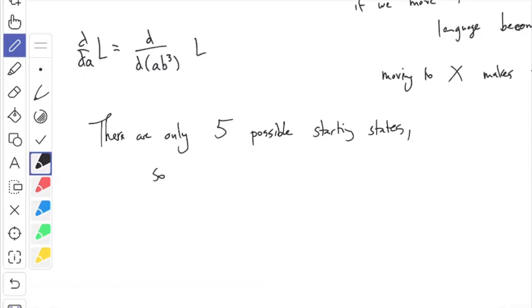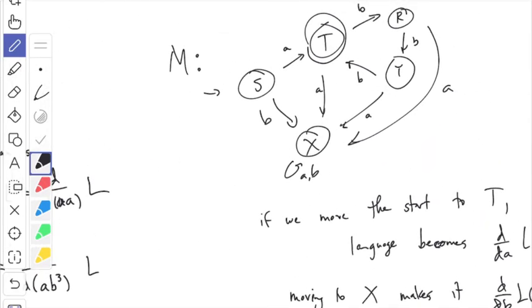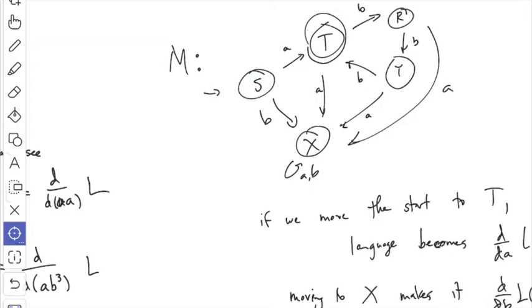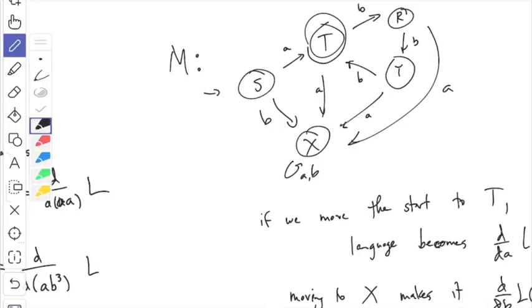So that means any derivative you take must be one of these 5 choices, right? There's the one that you get if you just start at S, which is no derivative at all. There's the one that you get here, which is the A derivative, but it's also equal to many other derivatives. There's the one you get here, which is the B derivative, but it's also equal to many others, right? And how many others are there? There's only 5 possible ones.